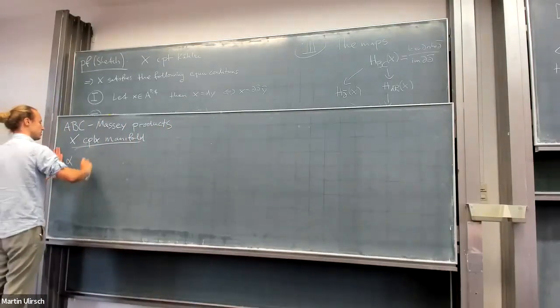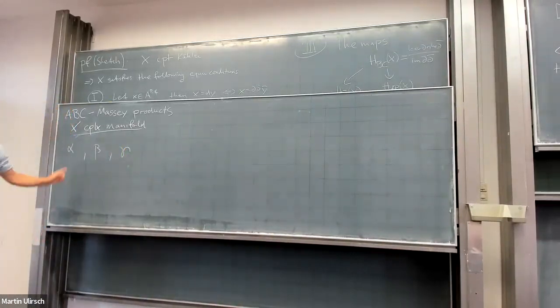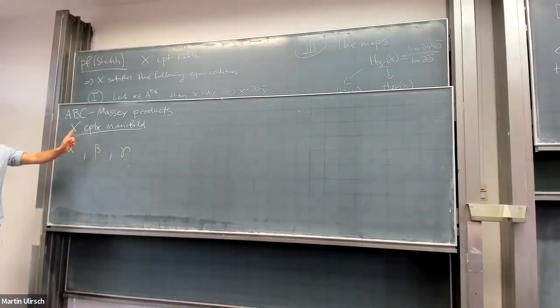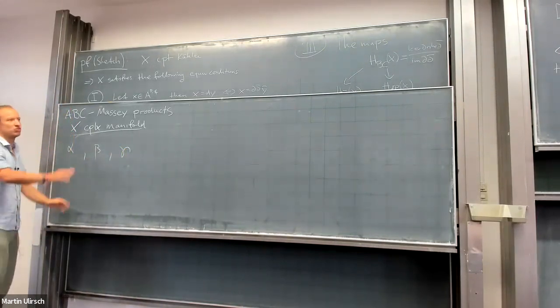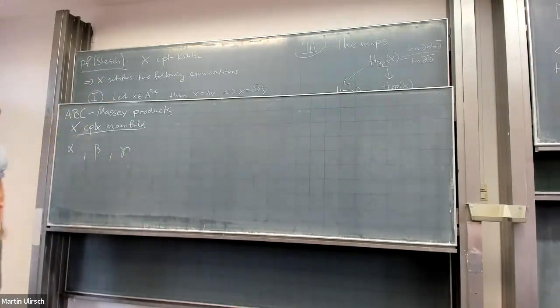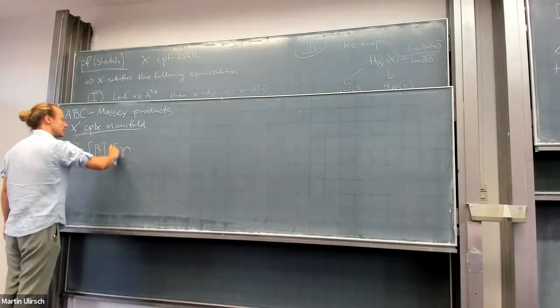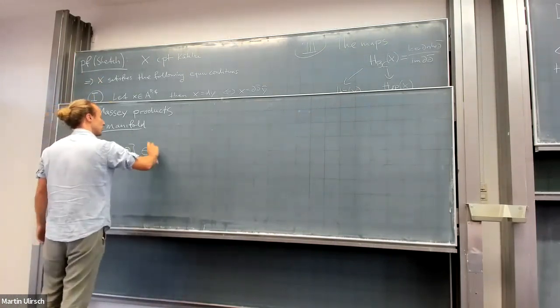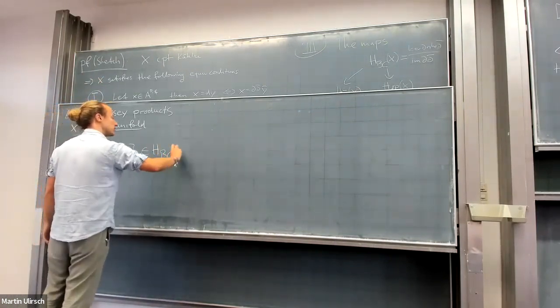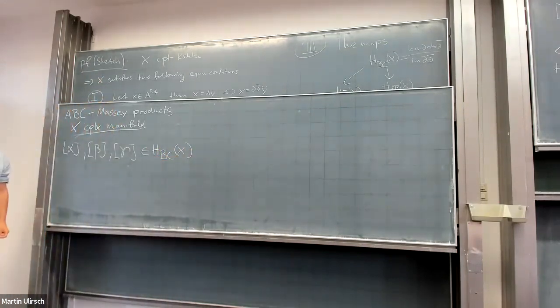And then you take three forms, alpha, beta, gamma, and I want to assume them to be of pure degree. I sort of suppress the degrees, but let's assume we have forms of pure degree. And I want them to be del and del bar closed. In other words, to give classes in the Bott-Chern cohomology of X.